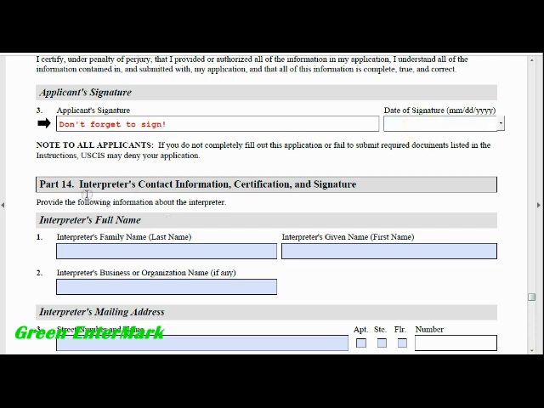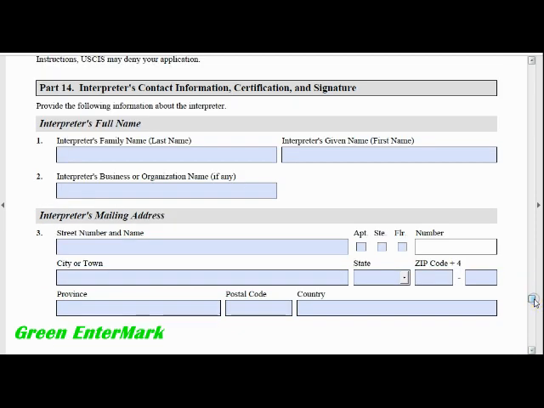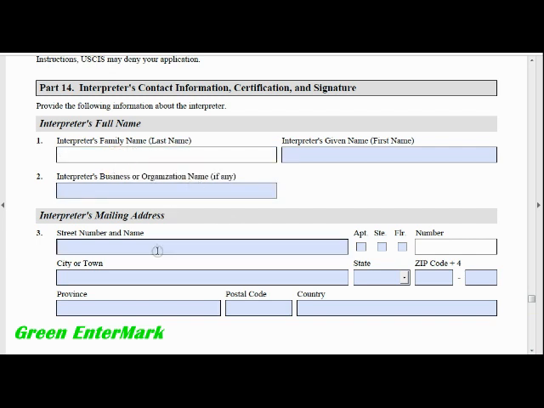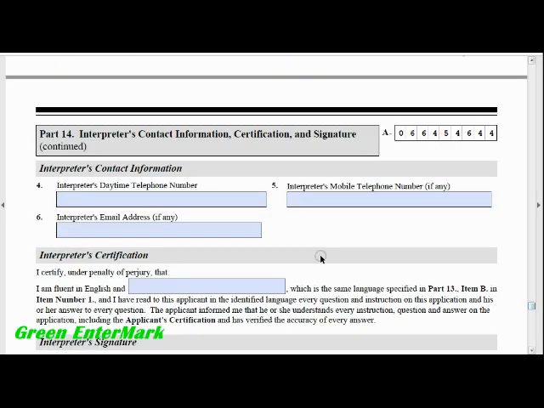Okay, now Part 14 is for the interpreter's contact information. If you hire the services of an interpreter, you have to provide the interpreter's name, address, telephone number and email address.